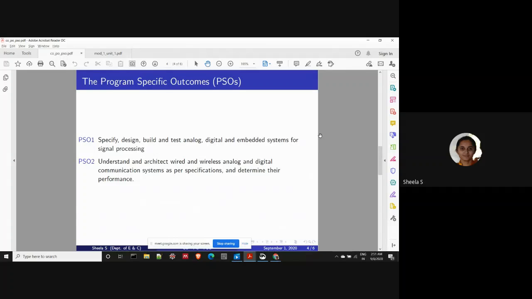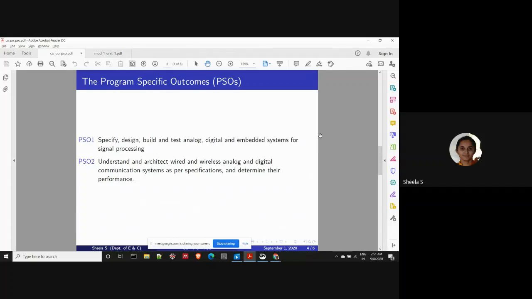All the departments cannot have common specific outcomes, okay, but in general the 12 POs can be attained. But when you are doing specialization in a particular program, every program will be having its own specific outcomes. So in our program, we are having two PSOs.